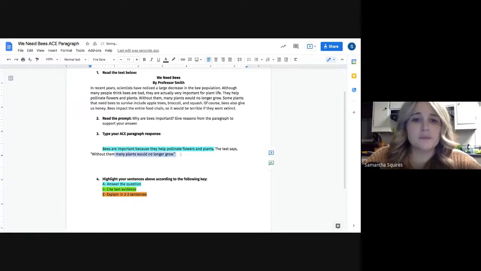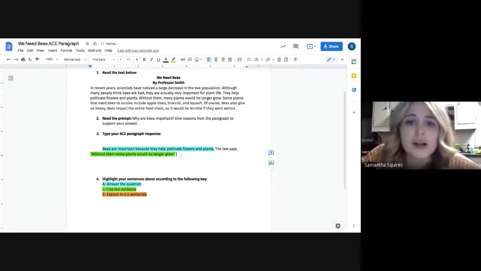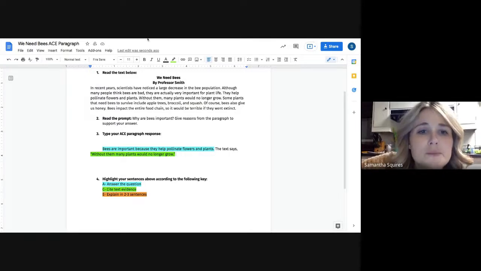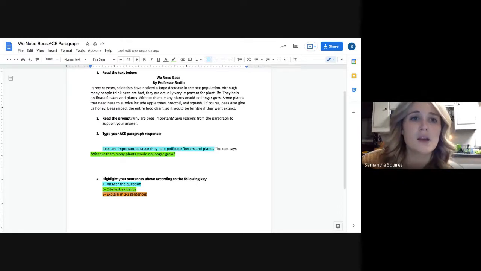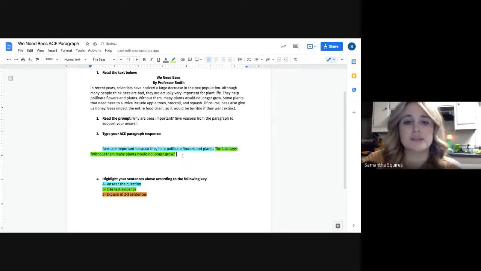So there's our cite. Now our explanation is going to probably be the longest thing. Okay. Where's the green? There's the green. And now we need to explain. And remember, this will be where you prove why this is important. So why is it important that we have plants that can grow, or we have bees that are able to pollinate the plants that can grow?